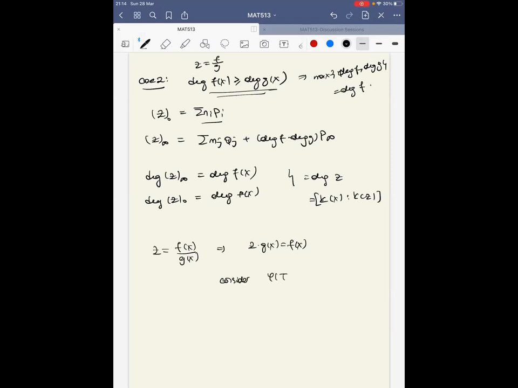And if we consider the polynomial f(t) minus z times g(t), this is again a degree f polynomial, so it is consistent with the extension degree, and it contains x as a root, so this gives us the minimal polynomial of x over k of z.